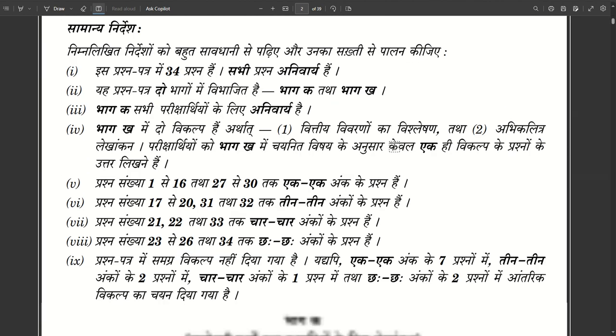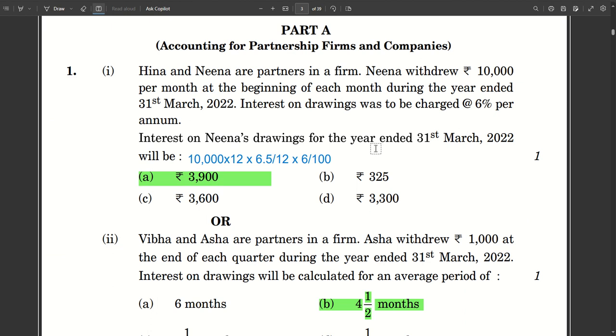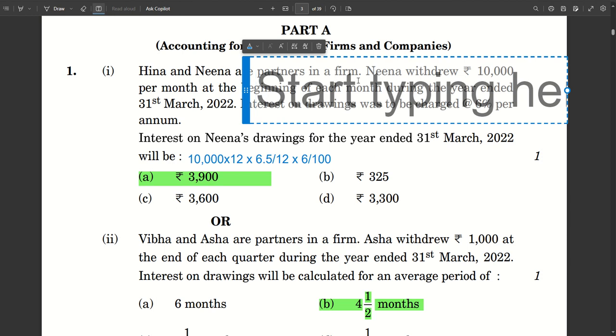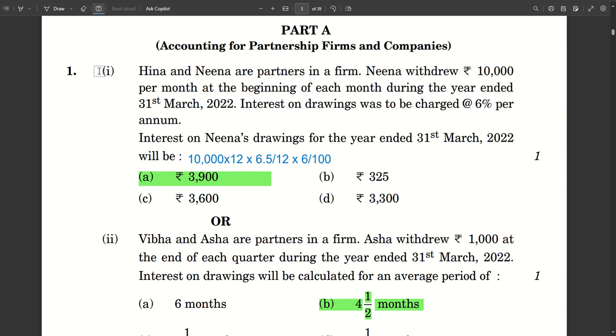The first one that we have is a partnership sum where we have Hina and Nina, two partners, where Nina withdrew 10,000 per month at the beginning of each month. Whenever you see that there is a drawing at the beginning of each month, the average period that we take is 6.5 months.